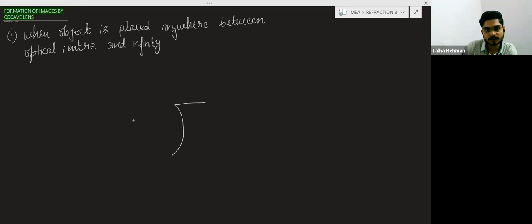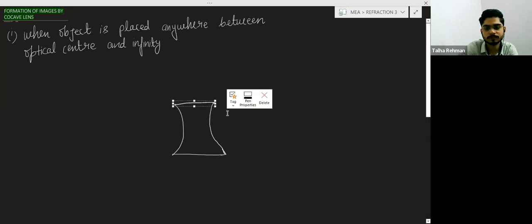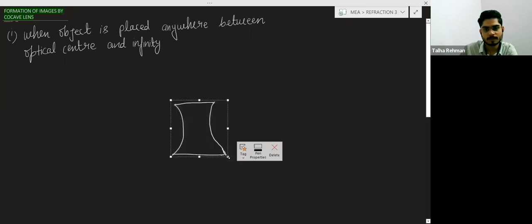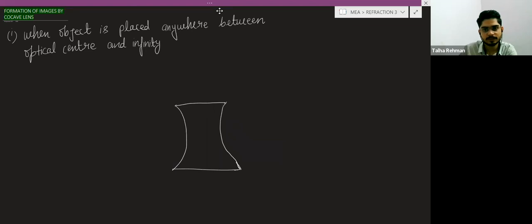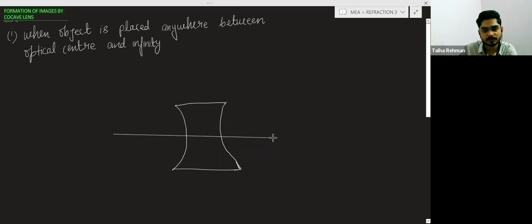So suppose this is our concave lens, and this is the principal axis.